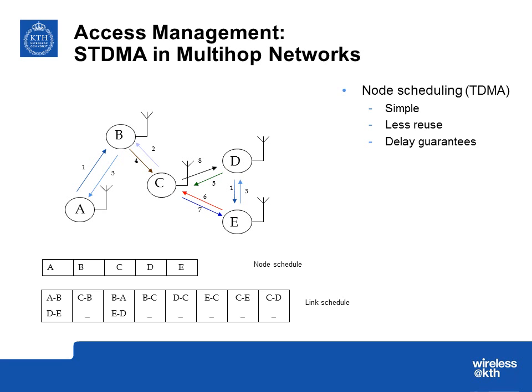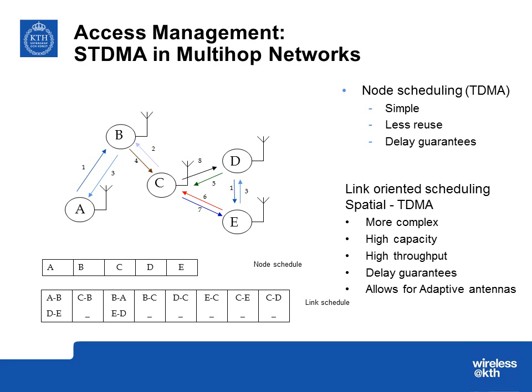We can go on. In this particular example, the possibilities of scheduling various links is not so rich, but we can get a link schedule like this. The node schedules are simple. They don't allow for frequency reuse or channel reuse, but on the other hand, they can get delay guarantees for the various nodes.